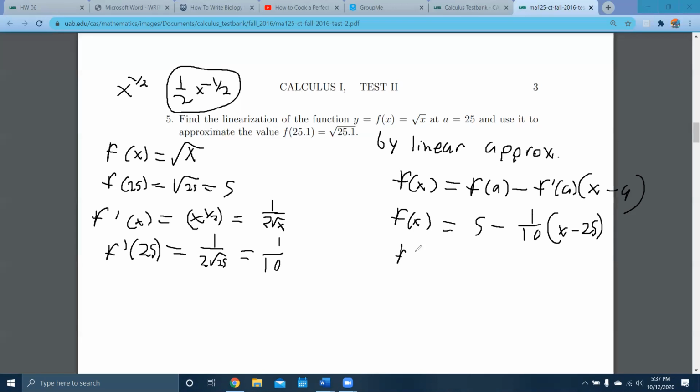So we plug that in, we get f of 25.1 is equal to 5 minus 1 over 10 times 0.1. 25.1 minus 25, you get 0.1. So f of 25.1 gives us... I messed up my work over here because I missed it. It's actually plus.